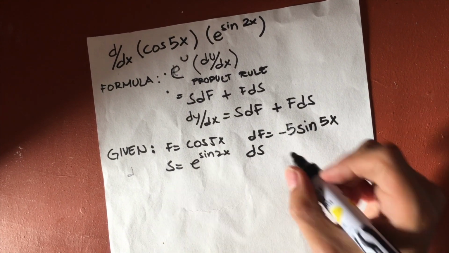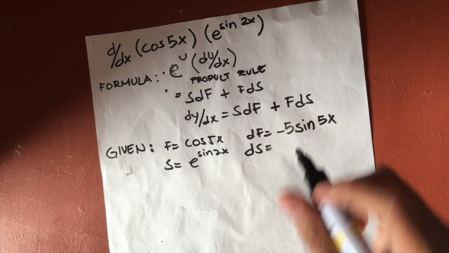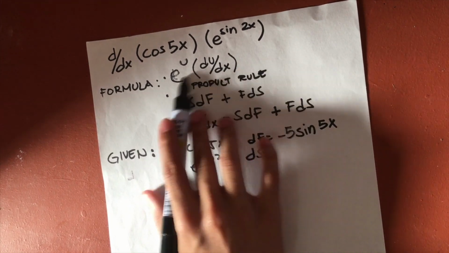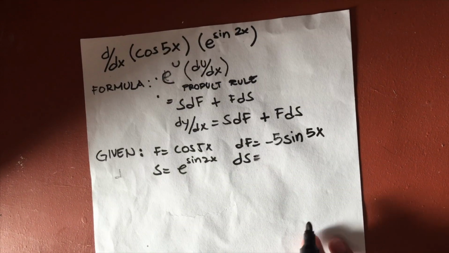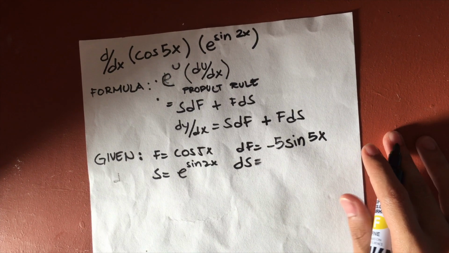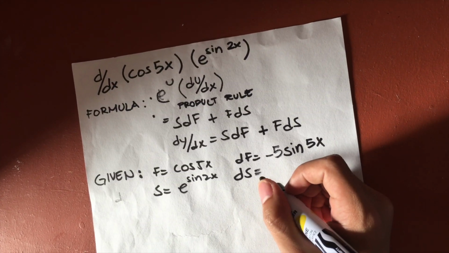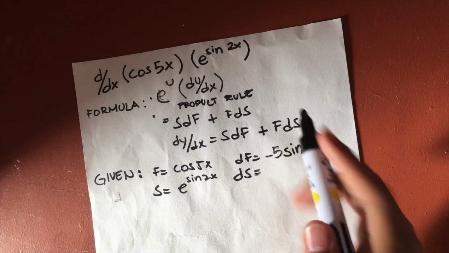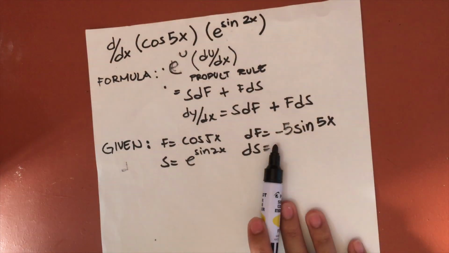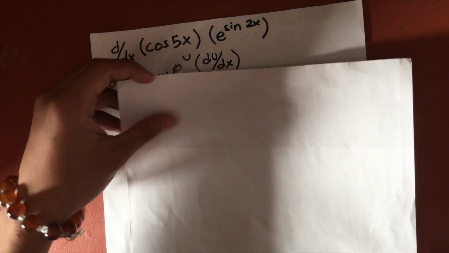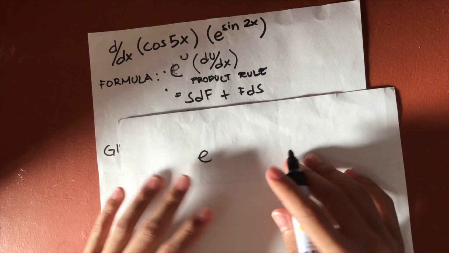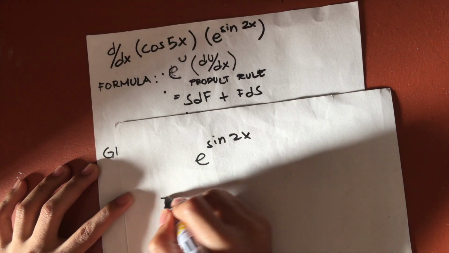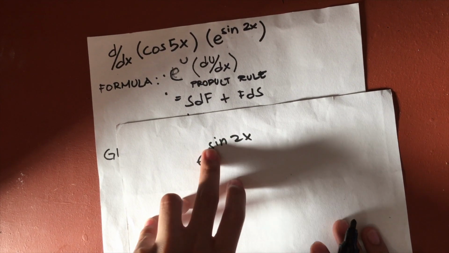Now, the next one, you must find the derivative of second. Here we should apply the chain rule. First, let's find the u. This is the second equation, e to the sine of 2x. Find the derivative of e to the sine of 2x.